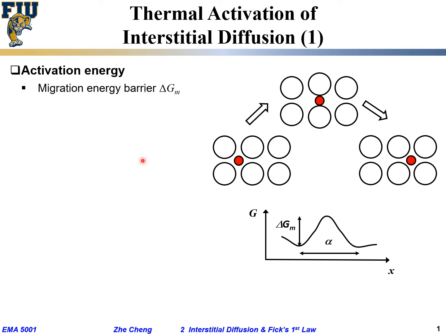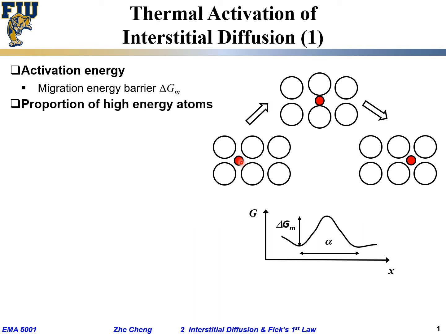If we think of the system free energy, initially at here, when it's at this location, it sits at the peak. This energy difference, we call it a migration energy barrier from the Gibbs free energy point of view. Okay? Then, from Boltzmann distribution, which tells us the proportion of high energy atoms.